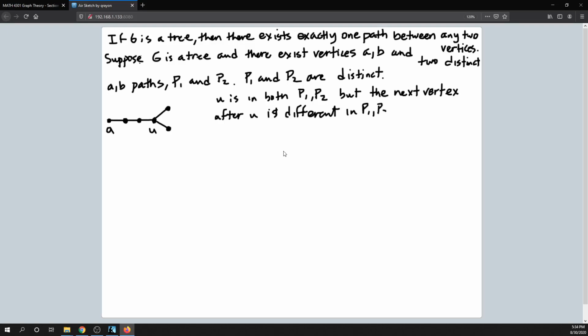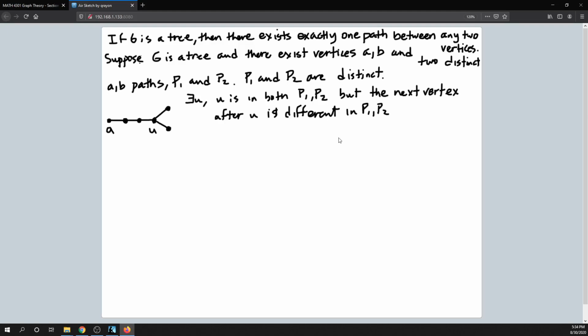That has to happen in order for these to be different. It could happen at A, it could happen really almost anywhere along the line, but it has to happen someplace. So there exists a U such that U is in both P1 and P2 and the next vertex is different.